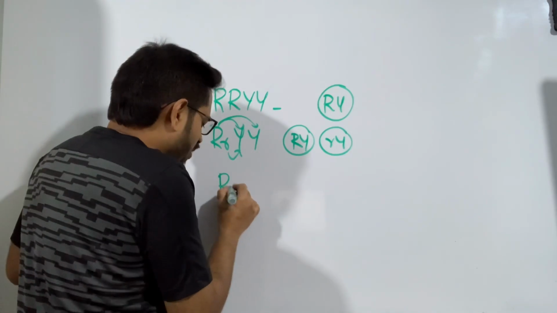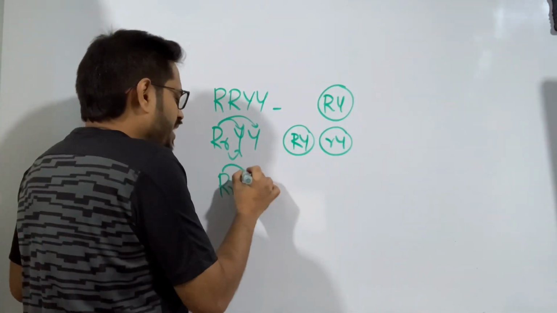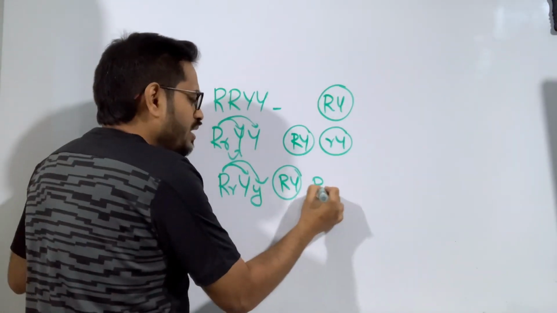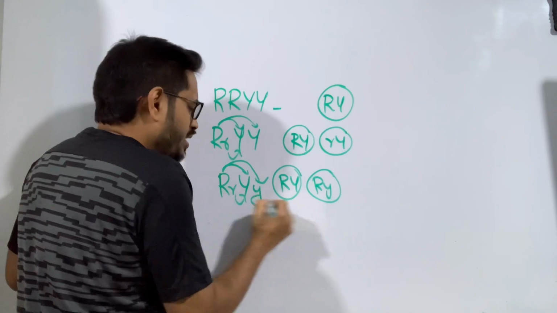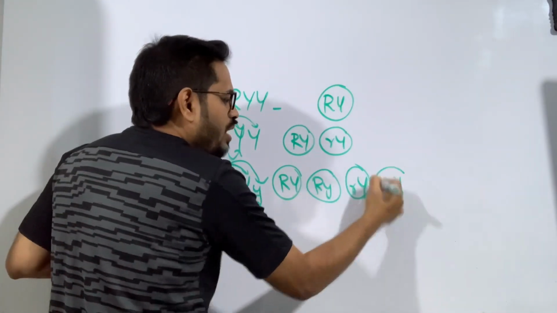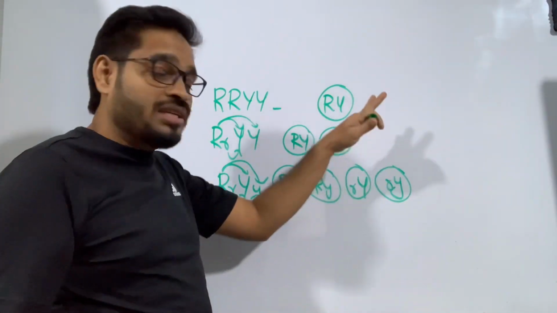Let's go to another one, capital R, small r, capital Y, small y. We get capital R, capital Y, then capital R, small y, and then small r, capital Y, and small r, small y. So these are the only chances of having gametes in a dihybrid cross.